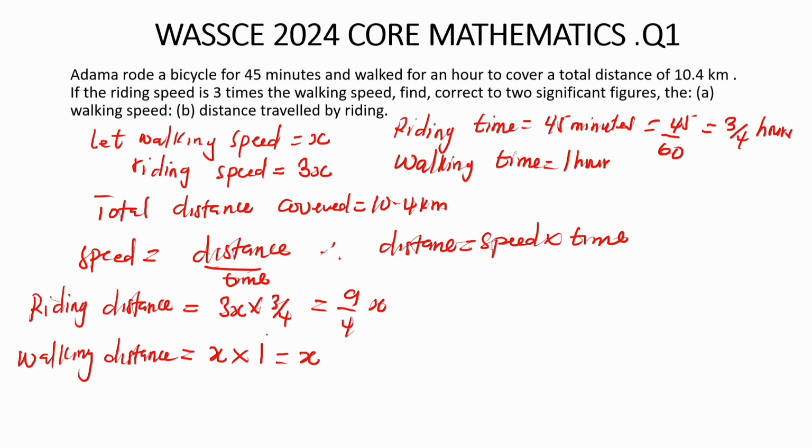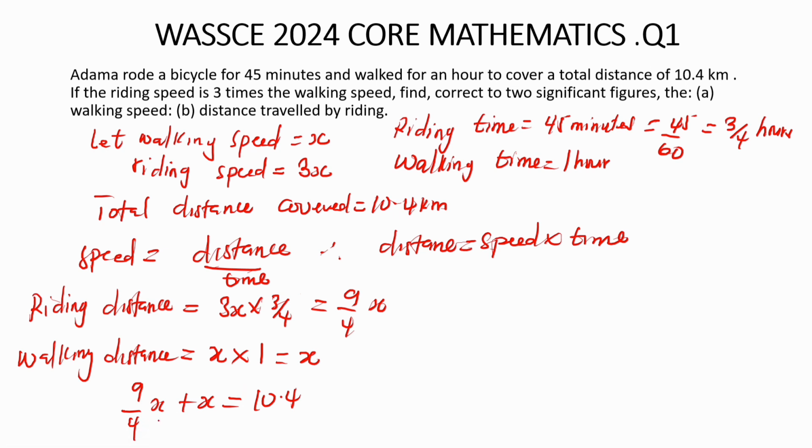So we have two distances. The sum of these two distances should be equal to the total distance covered. And so you have 9 on 4 x plus x is equal to 10.4. The rest is about basic mathematics.